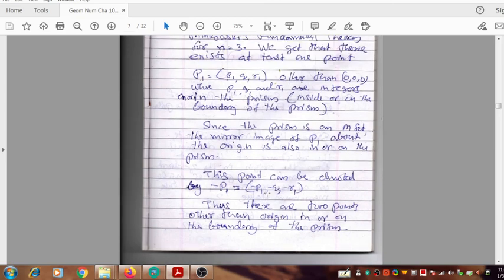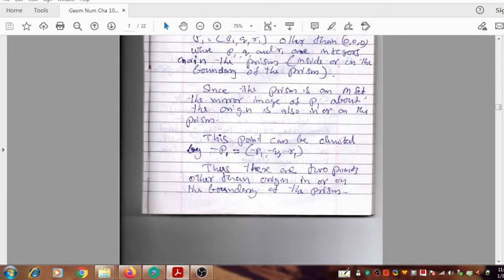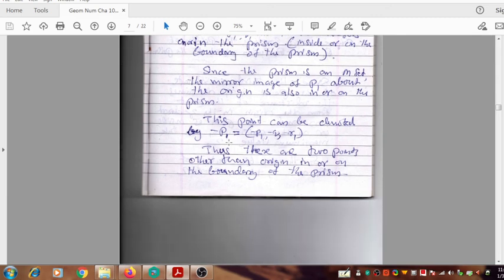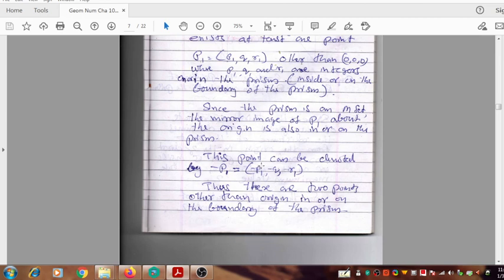These are the values multiplied by minus one of the coordinates of the first lattice point. Thus there are two. We can then restate that there exist two lattice points other than the origin, in or on the boundary of the prism.